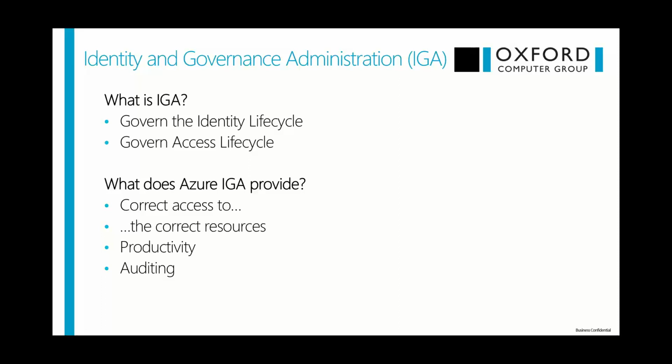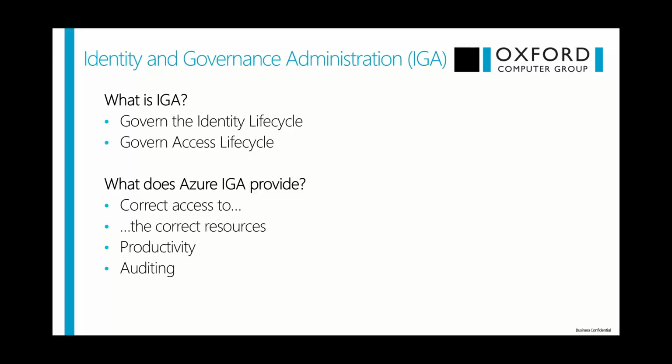What is IGA? It's a combination of governing the identity lifecycle and governing the access lifecycle. Governing the identity lifecycle is managing accounts from your HR, your authoritative source, and provisioning and deprovisioning those accounts to endpoint systems, your joiner and leaver, and then self-service of those accounts.